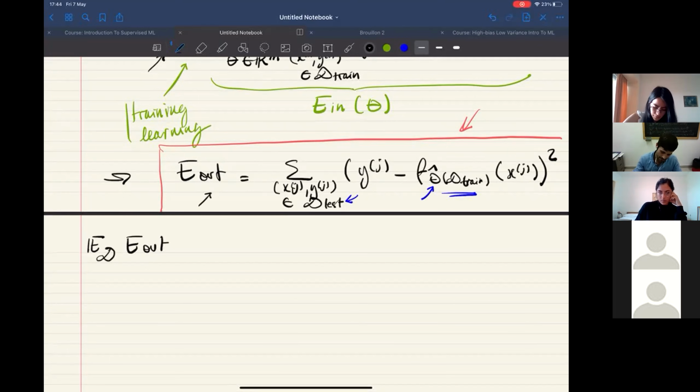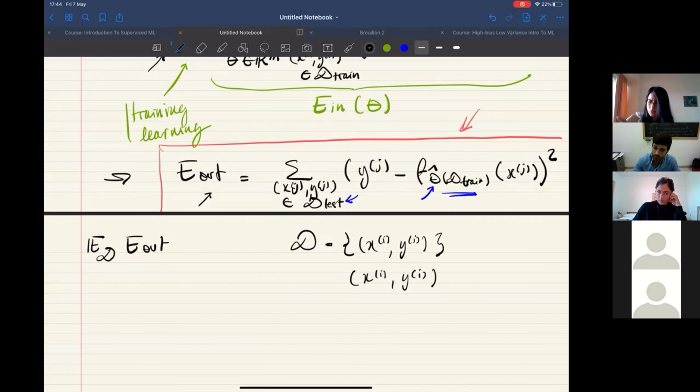Okay, and again, this data, we assume that it is pairs of inputs and outputs, where each input-output pair is a random variable drawn independently and identically according to some unknown probability distribution that I will call P. But I don't need to know what this probability distribution is.